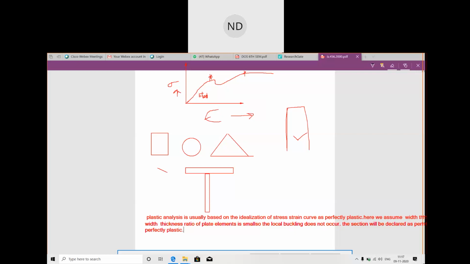These are the basic principles of plastic analysis, where we know that our plastic analysis is usually based on this idealization of the stress strain curve.